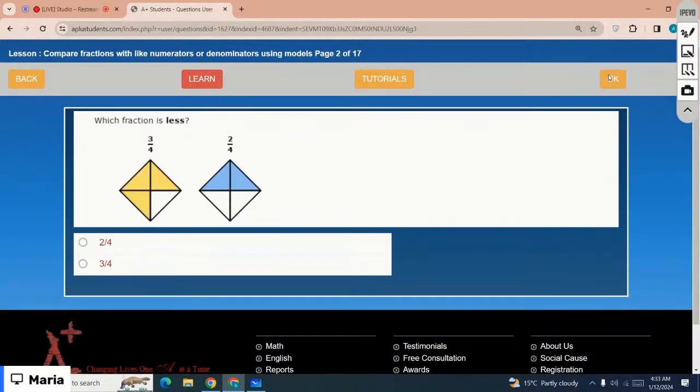Okay, the next one is, which fraction is less? 3 by 4, 2 by 4, which is the correct option?